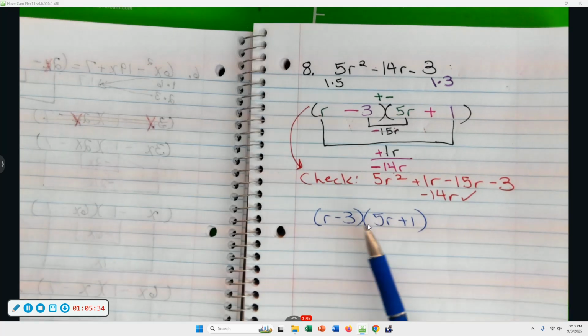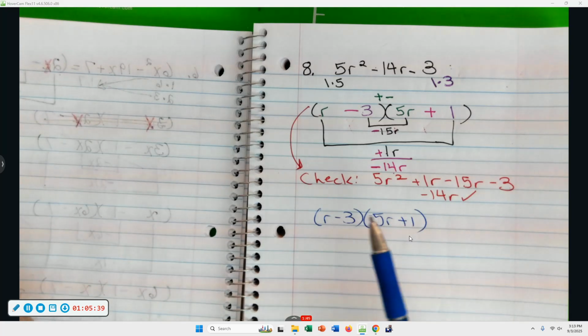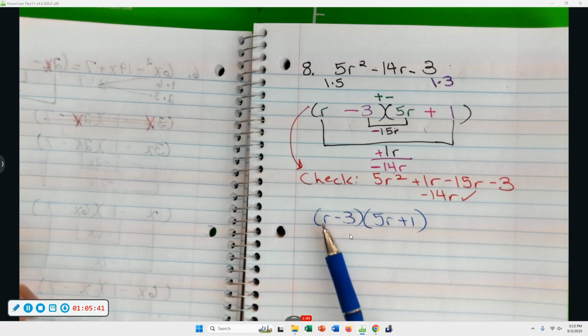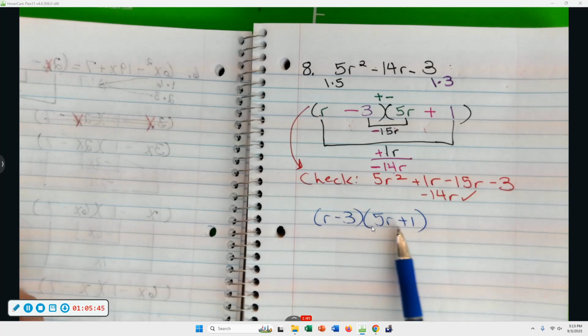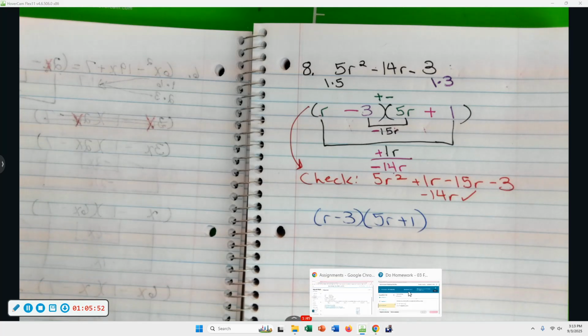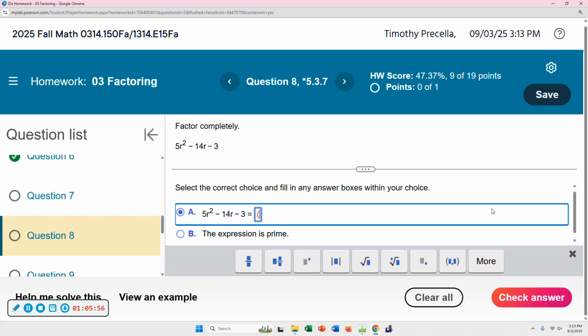The order in which you write the parentheses doesn't matter as long as you have the same stuff inside. You couldn't have an r plus 3, or a 5r minus 1, but the order in which you write the parentheses does not matter. Which one do you want Tony to type first? R minus 3 or 5r plus 1? It makes no difference. R minus 3.